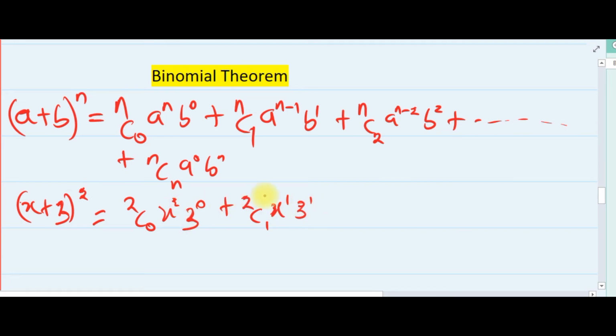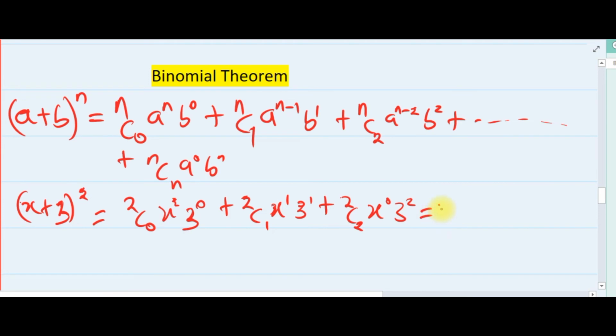Plus, we stop here because we end at n, the last number, 2. So we end here with 2 combination 2, x^0, 3^2.